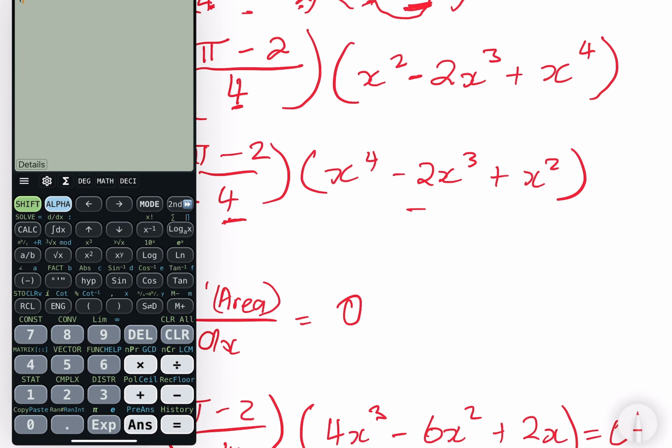I'm going to have 1 over 2 to the power 4, minus 2 into 1 over 2 cubed, plus 1 over 2 squared.